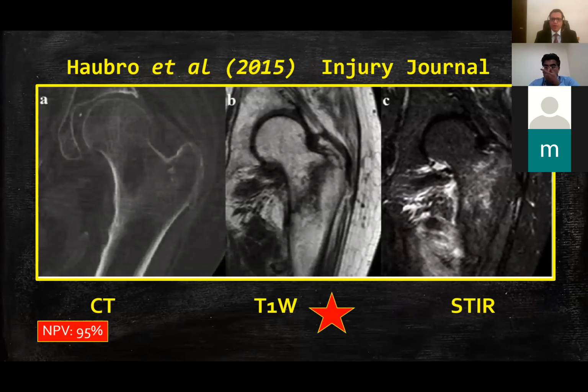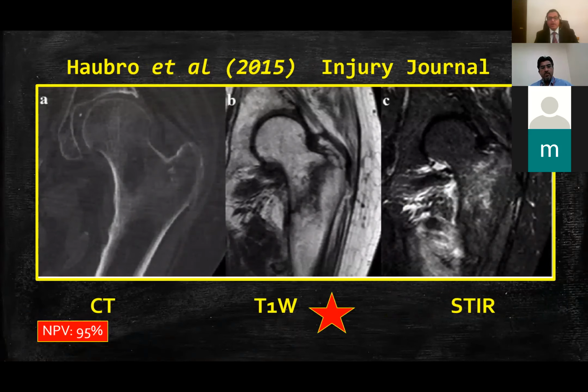Another article by Hepro was published in the Injury journal in 2015. And you know what? Hepro and his colleagues found MRI is superior to CT scan in detecting proximal femur fracture.